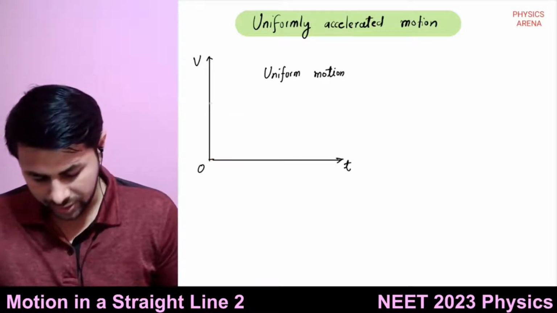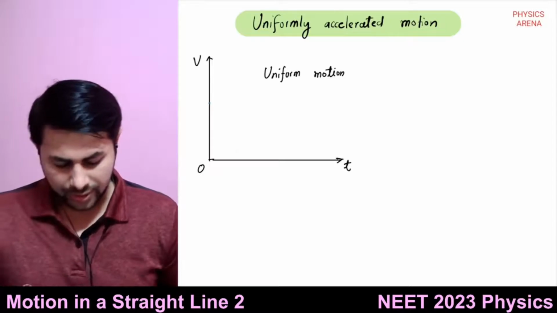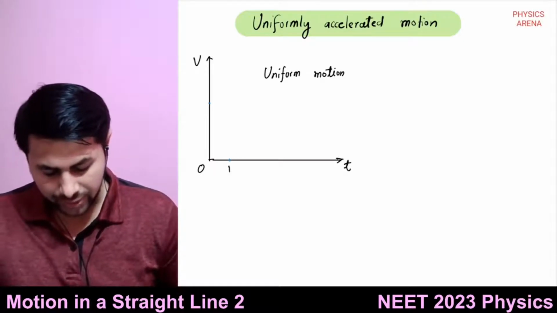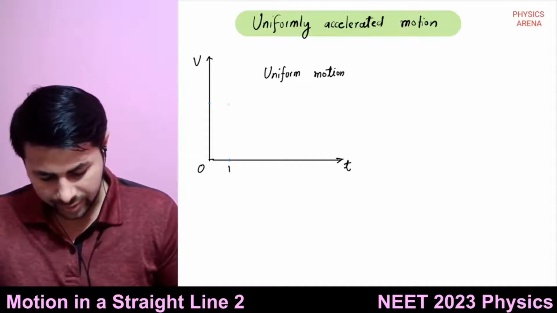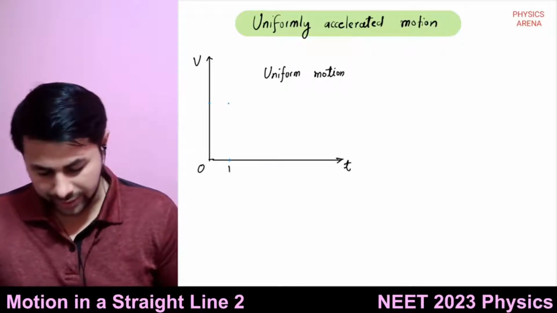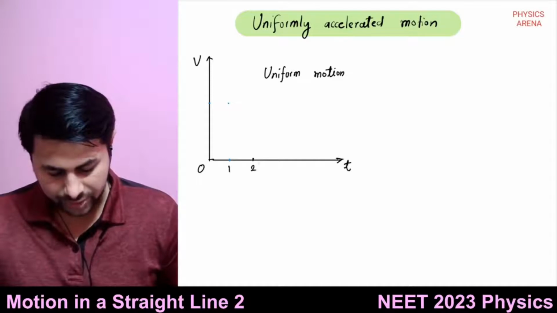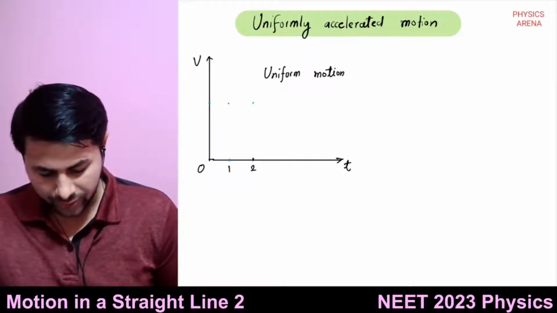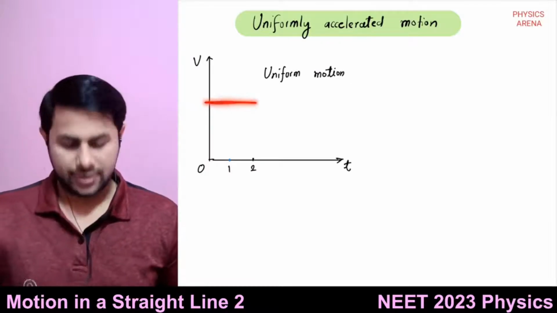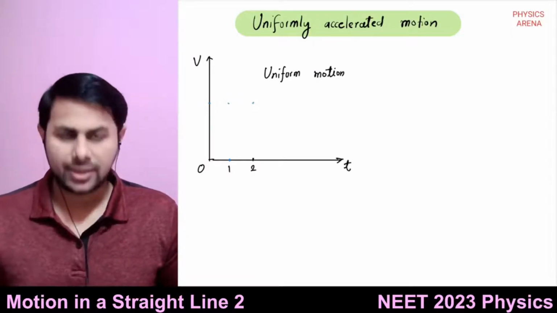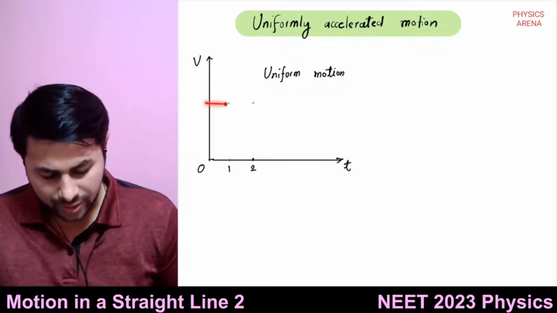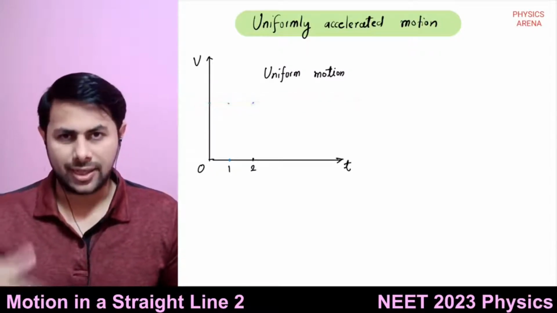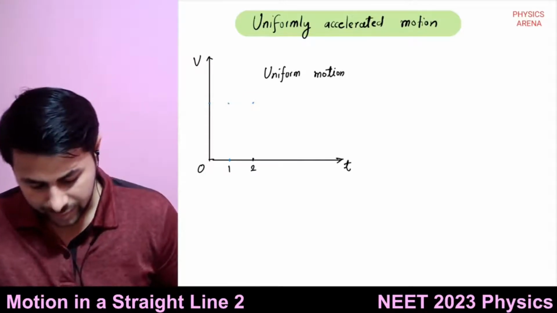Then at t equals 1 second, the velocity will be the same. At t equals 2 seconds, again the velocity will be the same. So the value of velocity is this much only. That means if we plot the graph of velocity versus time, we will get this straight line. The straight line is parallel to the horizontal axis, that is the time axis.